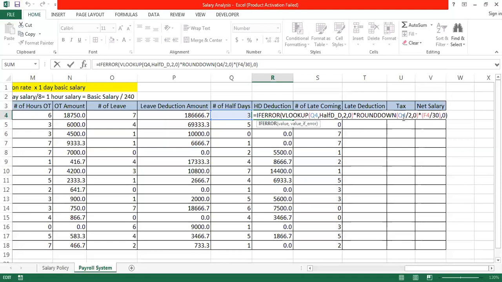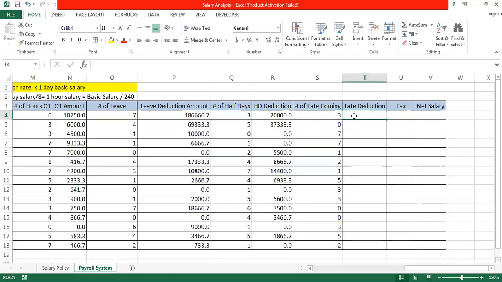The only difference is that instead of doing number of half days divided by 2, over here we will have number of late comings divided by 3 instead of 2. So you can see the late deduction formula is equal to, first we want to fetch the rate.